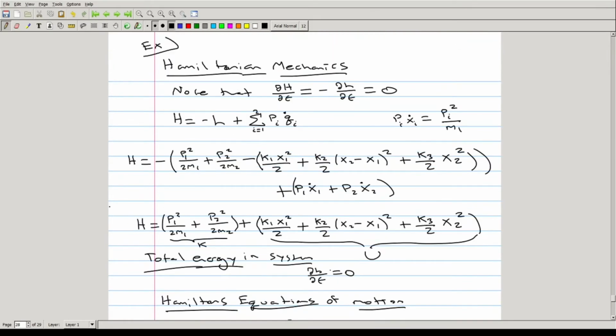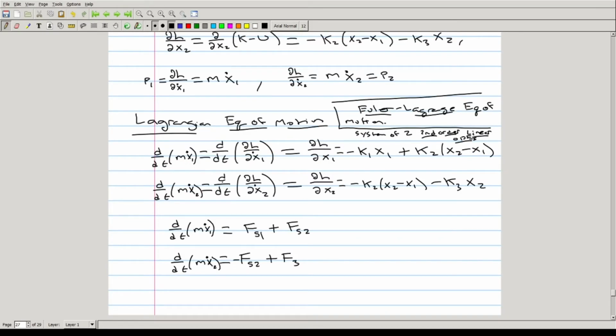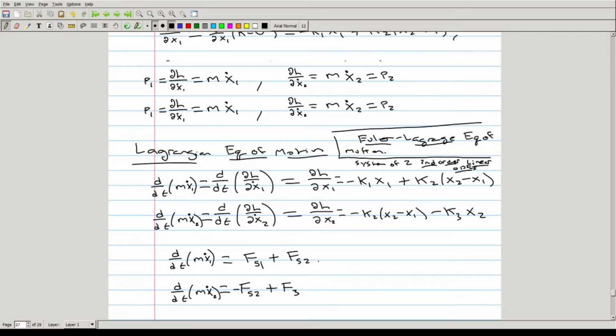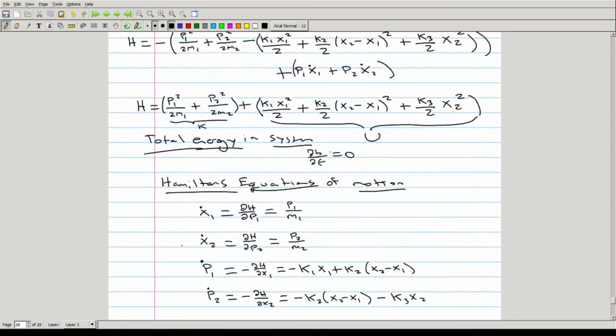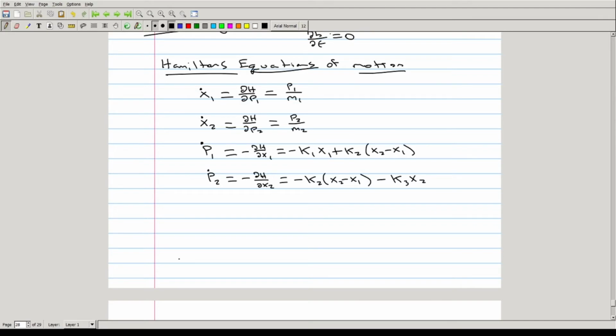And so, whereas in Lagrangian mechanics we get a system of second order ODEs, in this example two of them, so we have two generalized coordinates, in this case we get a single system of four first order ODEs.